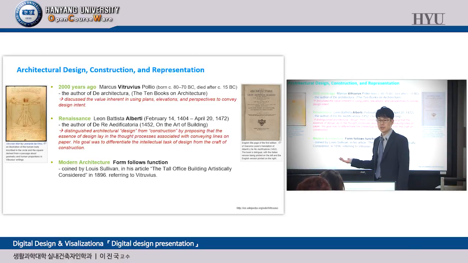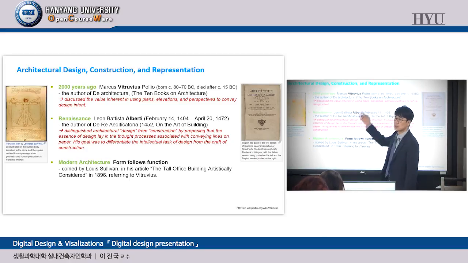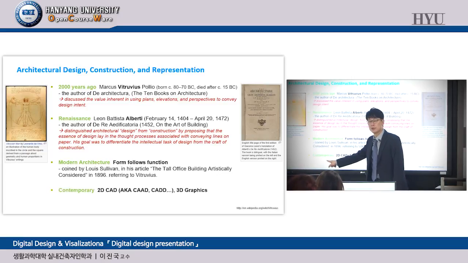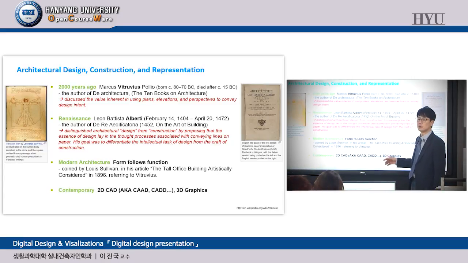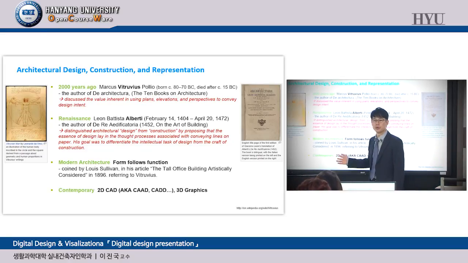My point here is that we are using those industry standards of 2,000 years, and the separation of design and construction of 400 years. At the beginning of computer-aided design, the beginning of CAD, we used it only for drawing.